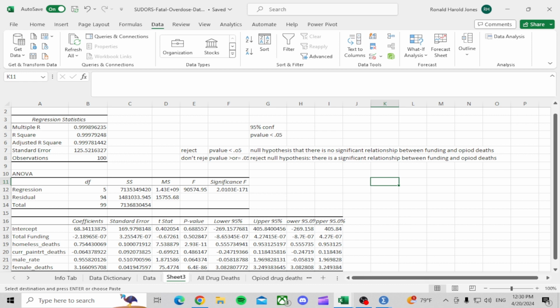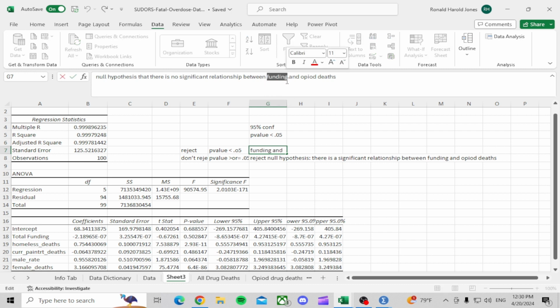So our null hypothesis would be that there is no significant relationship between our independent variables and all the deaths, which is our dependent, if that's what you're looking for.